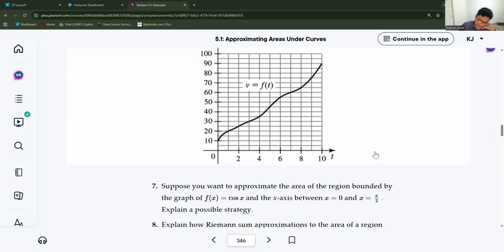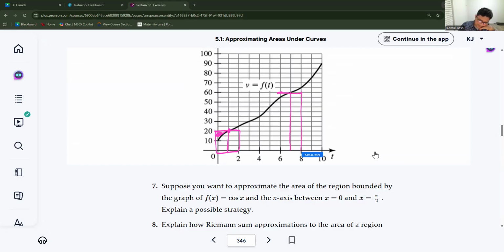Now, if you take the midpoint, for example, here, you would be taking that between 0 and 2, that will be your height. So your rectangle will be this. Now you're counting some extra, but you're missing something, right? In the next one, or let me try 6 to 8, let's say here, that will be the height, like that.